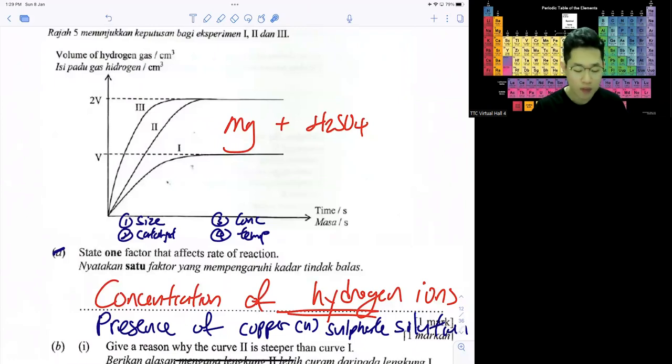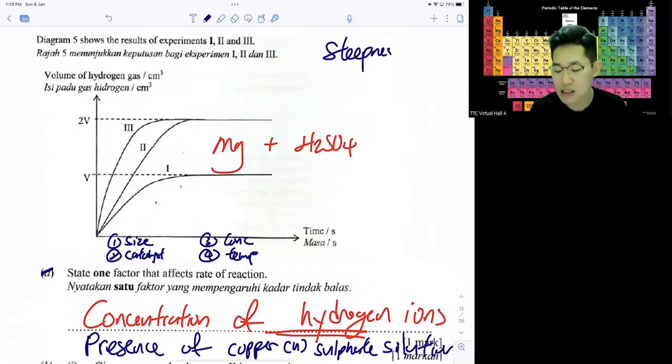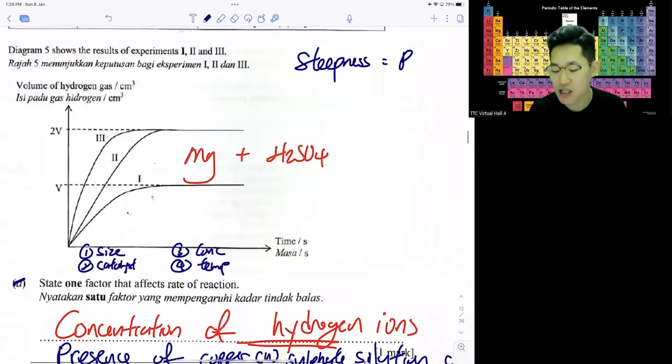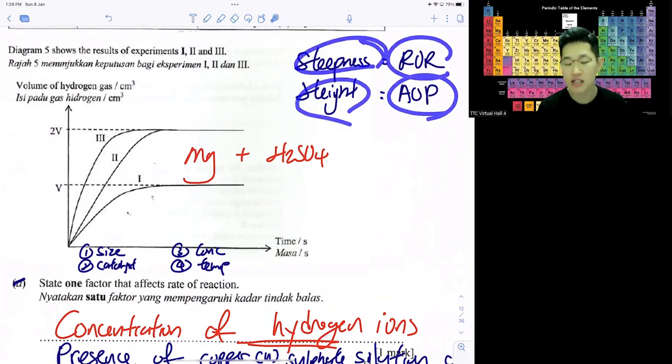Steepness 是斜度，在最左边的是最斜的，最右边的是最不斜的。所以 the steepest one, why does it come with a steeper curve? Steeper means it has a higher rate of reaction. So 我写起来 steepness represent rate of reaction, and height is the amount of product. More product, higher. Higher rate of reaction, steeper.